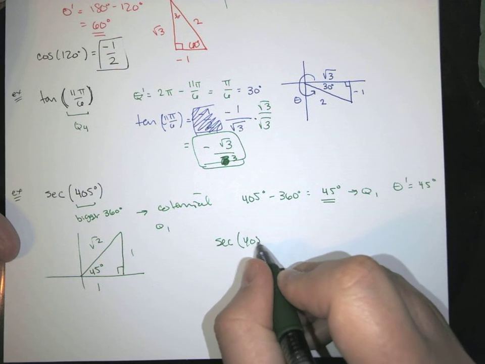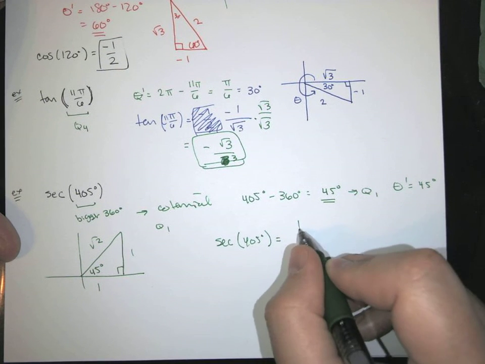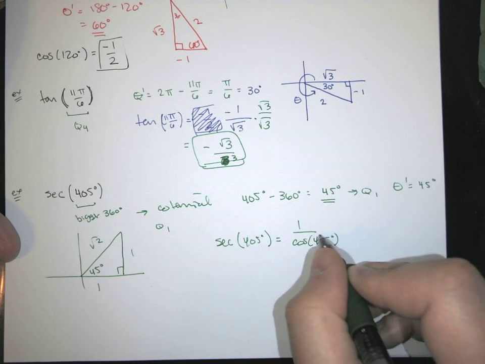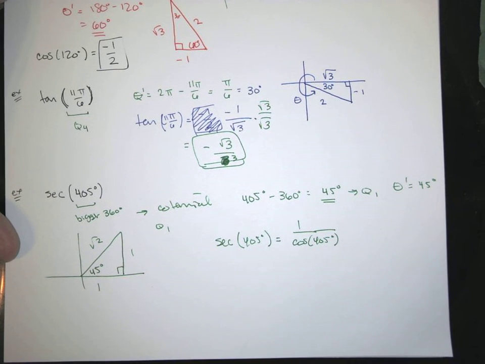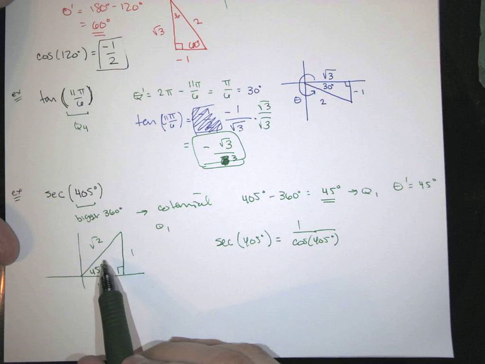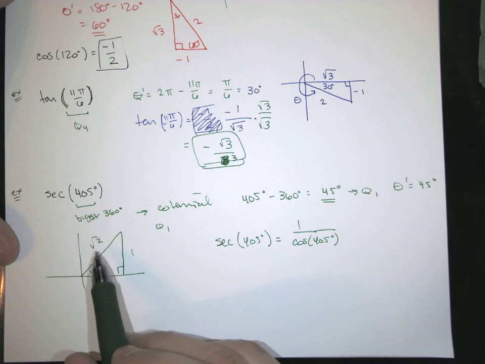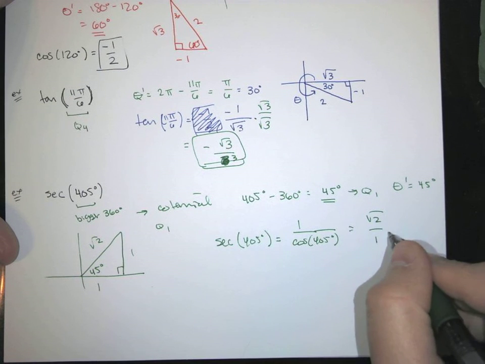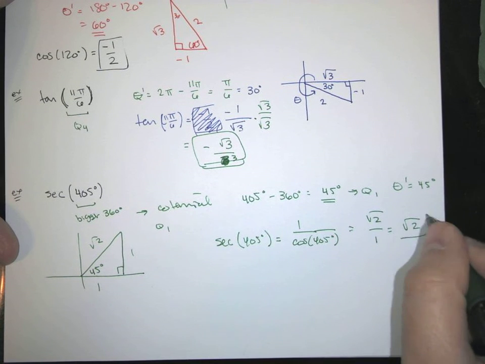So secant 405 should be the reciprocal of cosine at the same value. That would have been the adjacent over the hypotenuse, 1 over root 2. But if we flip it, we're going to have instead the nicer root 2 over 1, which would just be root 2.